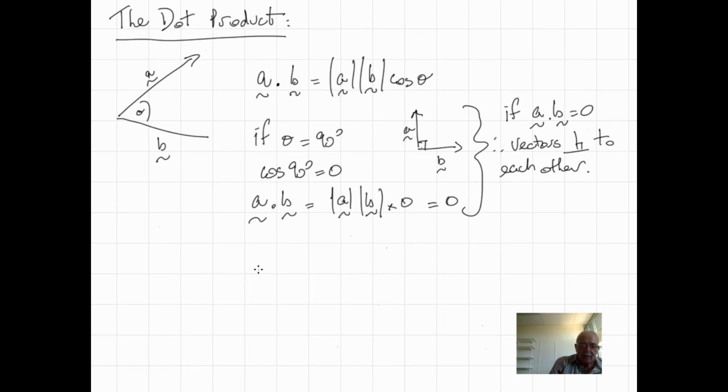And the other one is if you've got a vector that is the dot product with itself.